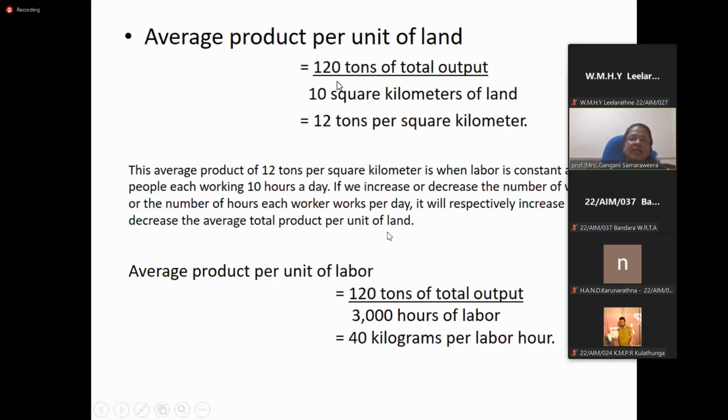So when all the information is given, you can calculate the average by dividing by the number of units.